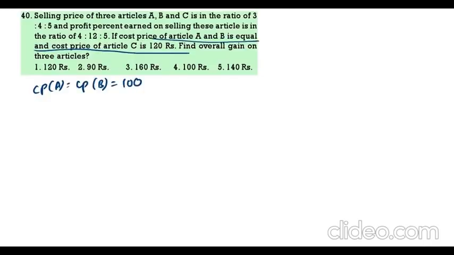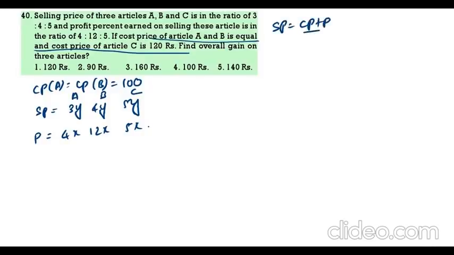Selling prices of A, B, C are 3y, 4y, 5y. Profit percentages are 4x, 12x, 15x. Now selling price is nothing but cost price plus profit.